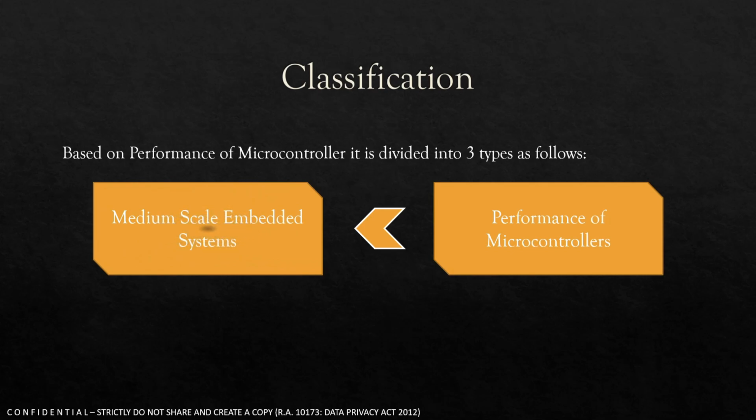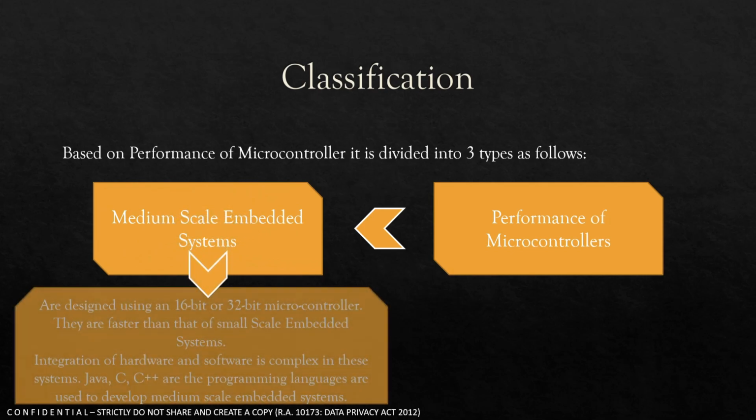Next, the medium-scale embedded systems are designed using a 16-bit or 32-bit microcontroller. They are faster than small-scale embedded systems. Integration of hardware and software is complex in these systems.